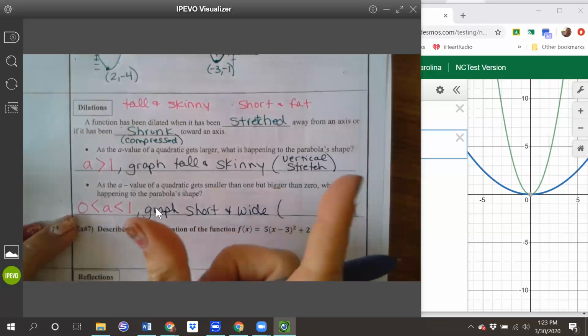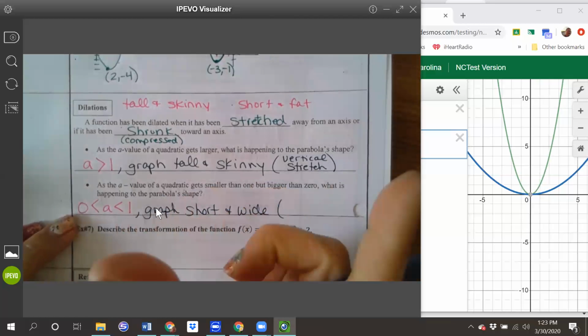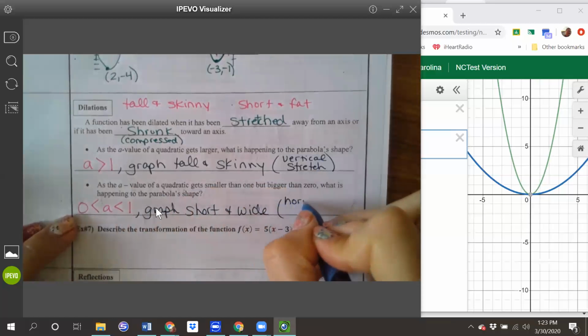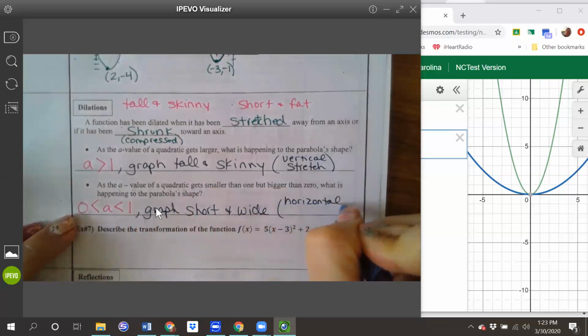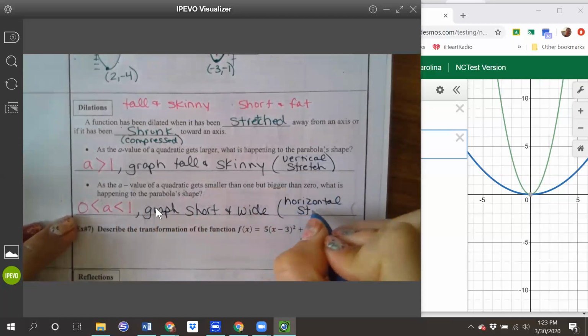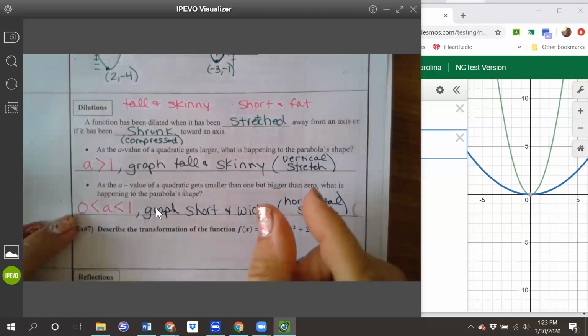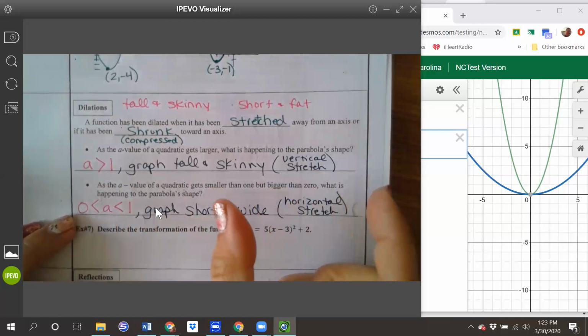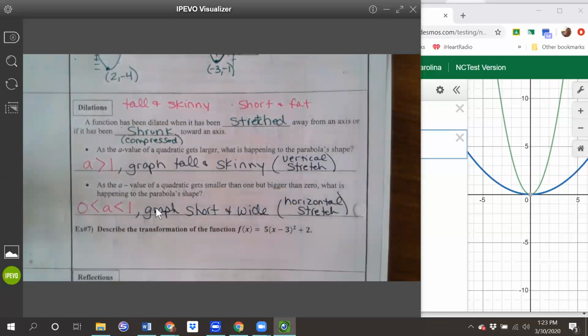So short and wide is going in the X direction, so we would call this a horizontal stretch. If you took that gummy bear and you pulled them to the left and to the right, that gummy bear would just be getting shorter and fatter.